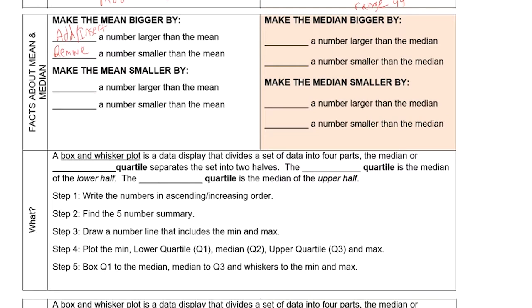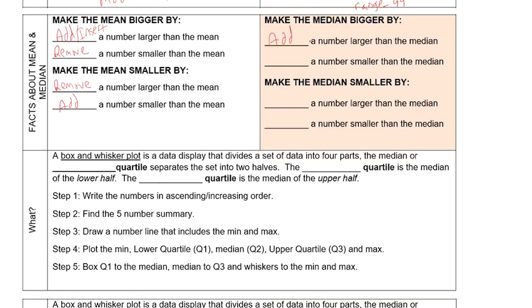How do you make the mean smaller? Well, you remove a number larger than the mean, or you add a number smaller than the mean. All right, let's take a look at making the median bigger.